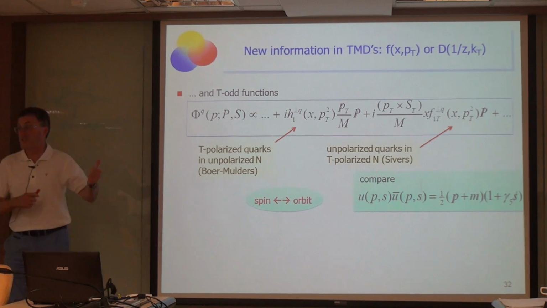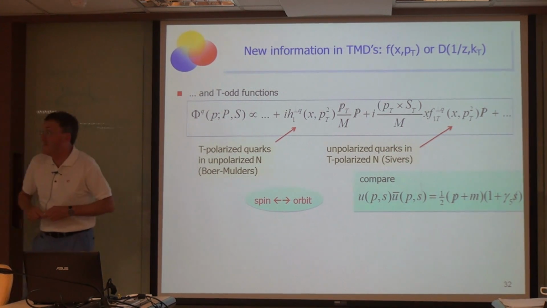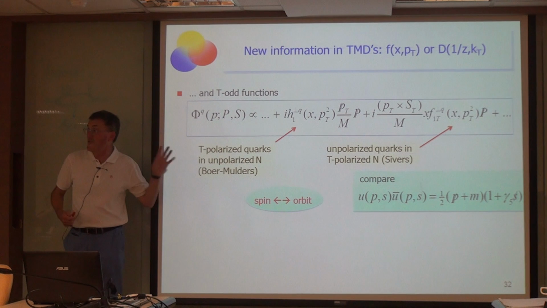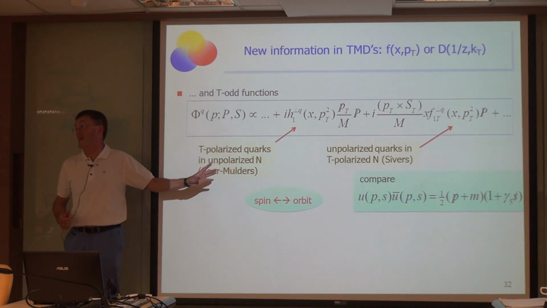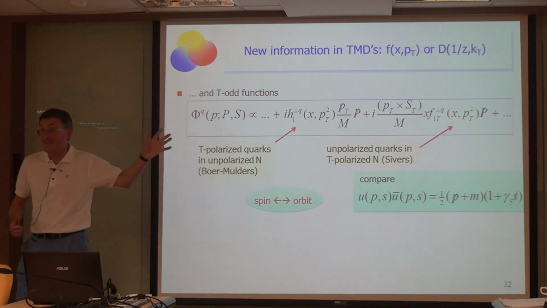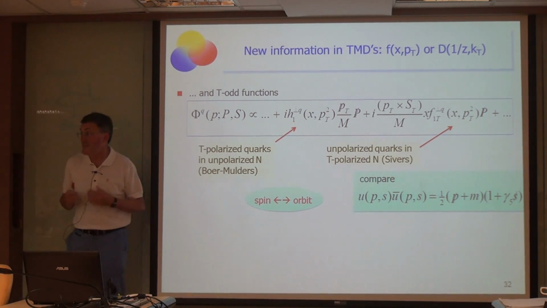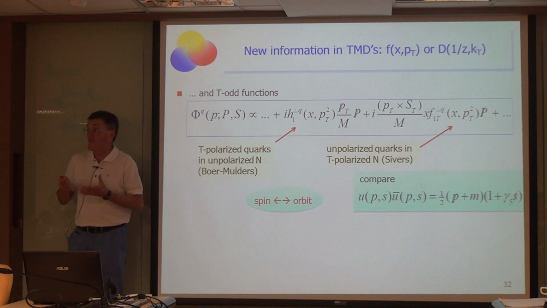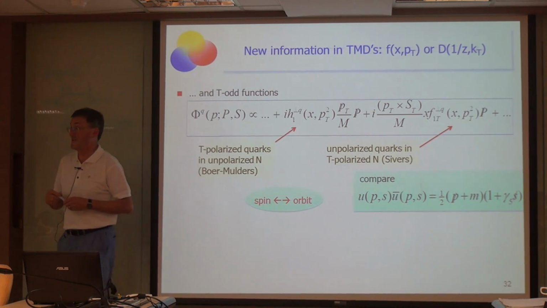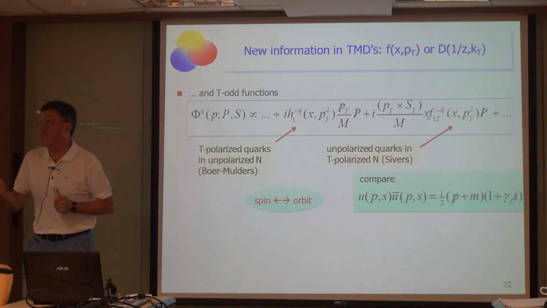So you can make a statement, if you see TMDs, it looks like there should be orbital angular momentum somewhere in the proton, but there's no sum rule which immediately tells you how large this thing is. While these spin sum rules, this G1L, if you integrate that over X, you really have the quark spin parallel or anti-parallel to your proton helicity, and you measure that. And so you have these spin sum rules, but not orbital angular momentum sum rules, not directly, indirectly. You need GPDs to do it.